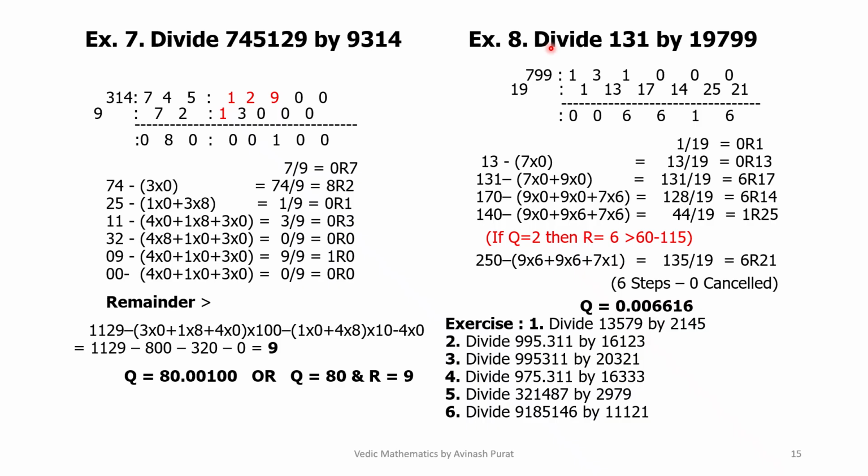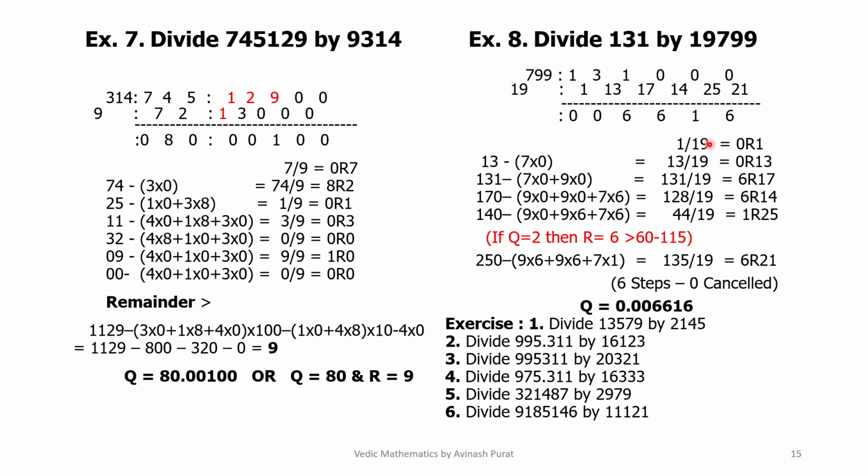Example 8, divide 131 by 19799. So 19 is the first two digits, the first two divisors, and 799 is the Dhvajanka. All of 131 is taken after the decimal point, as it is smaller than 19799.